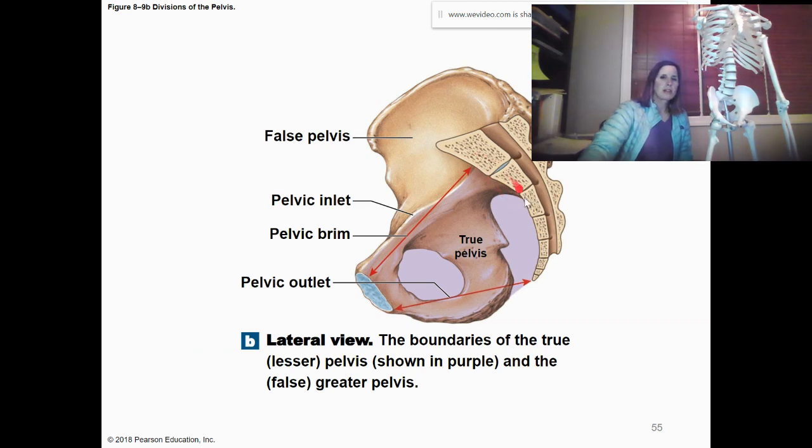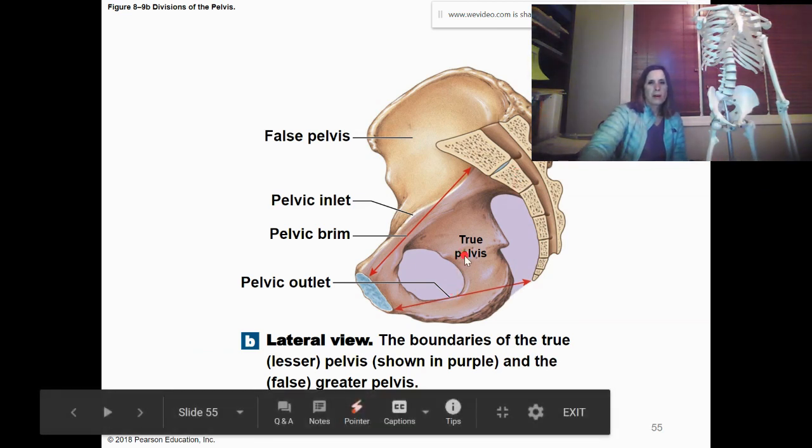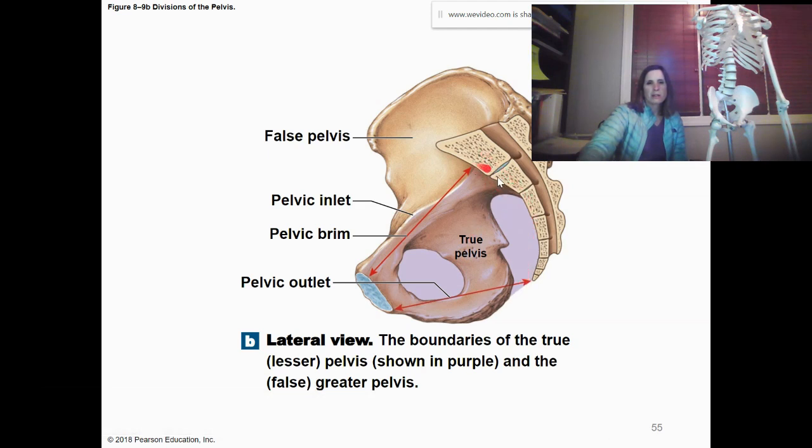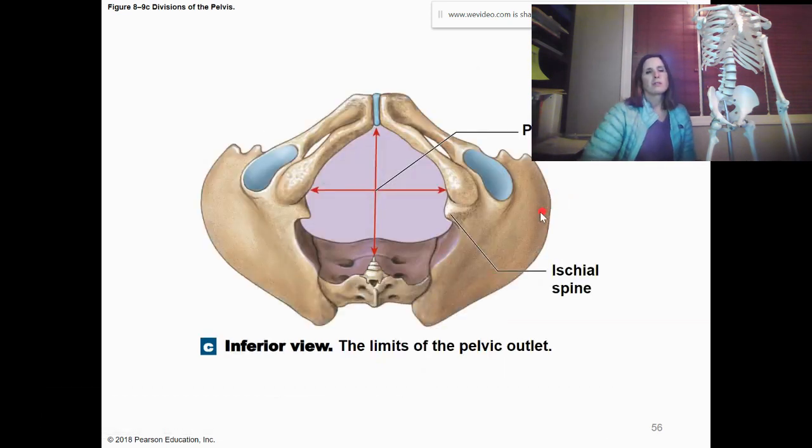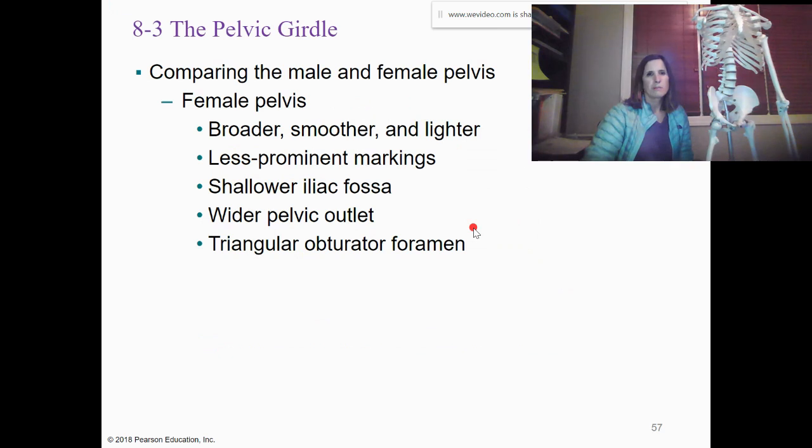And then we can look at these boundaries of the true and the false pelvis. But the sacrum here is something to look at. So this is the pelvis here. And so that was like what we were looking through before. So this is inferior. So this is showing the outlet.